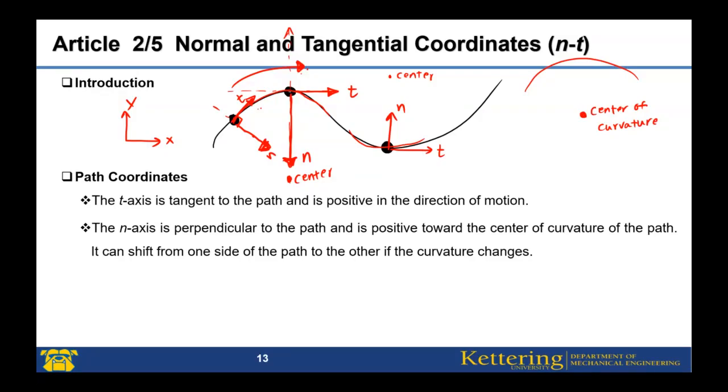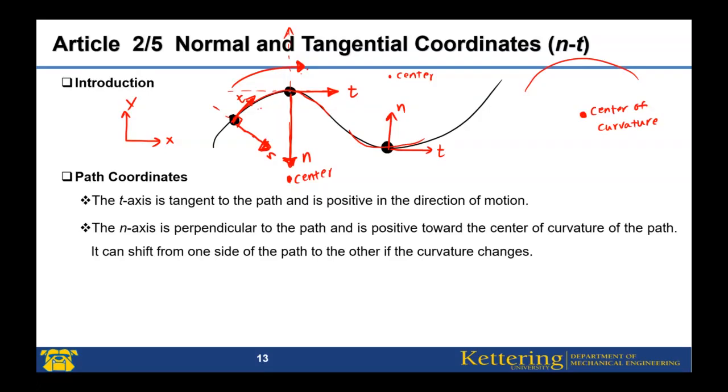Let me tell you one of the differences. One difference is that this coordinate system is fixed, but this coordinate system moves with the body. Remember the car moving along a path: we put one coordinate system and found the location based on it. However, this coordinate system is attached to the body and moves along the curve.